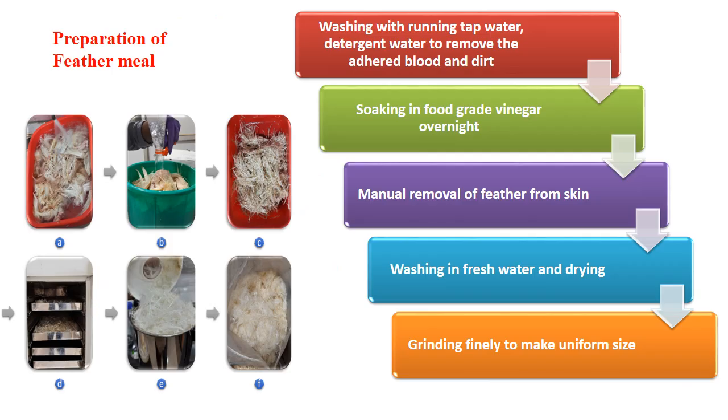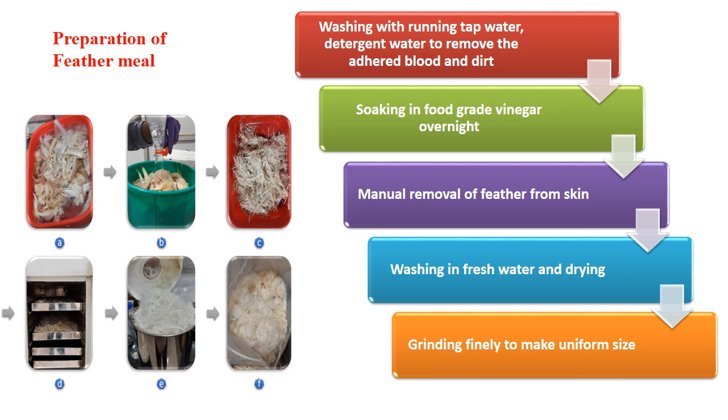Here we will briefly discuss the preparation of feather meal, particularly when it comes along with skin, that is the sleeves I mentioned, when the skin is removed along with the feather. These whole things need to be washed in tap water to remove the blood, etc. Maybe we can use some detergent.